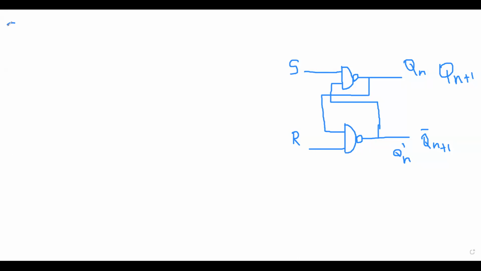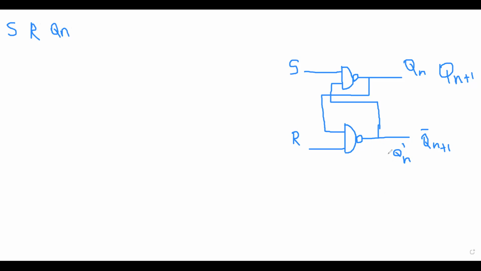So I'll write S, R, and Qn. And here we have a complement. This is not a present state. Everyone is going to get confused. This is our present state.